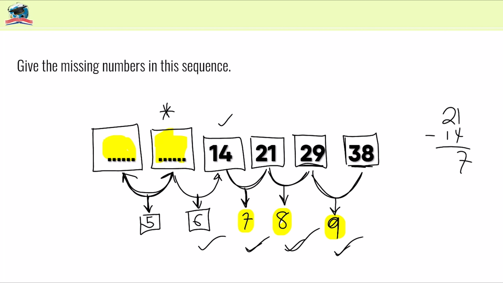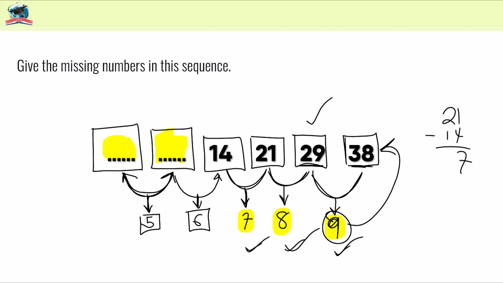Now let's see what we will do. That means we need to deduct 6 from 14. Let's see what we did here. We took 9 out of 38 and we got 29. Good.